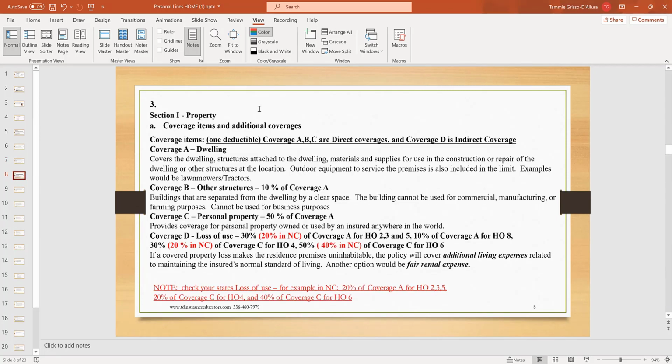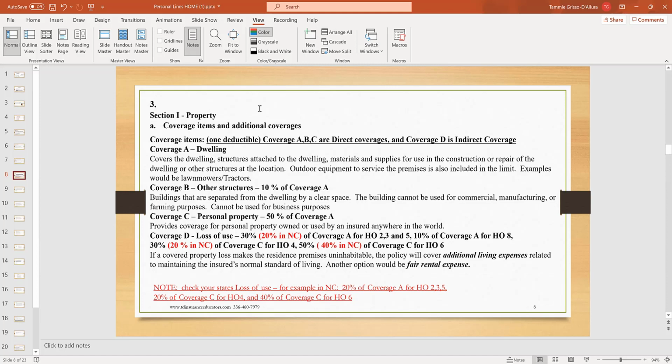Now, all of these forms have a Section 1, which is your property. And these are coverage items and also some additional coverages that we'll talk about as well. Some of your coverage items are your dwelling, other structures, personal property, and loss of use. Now, this means that they only have one deductible.